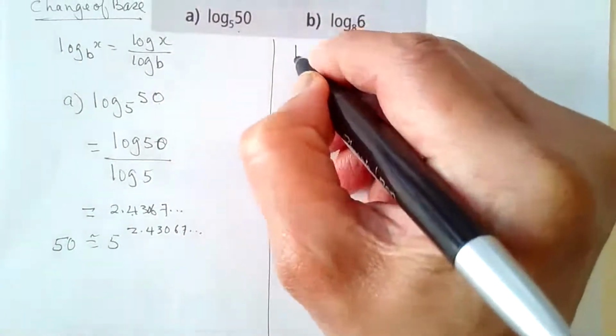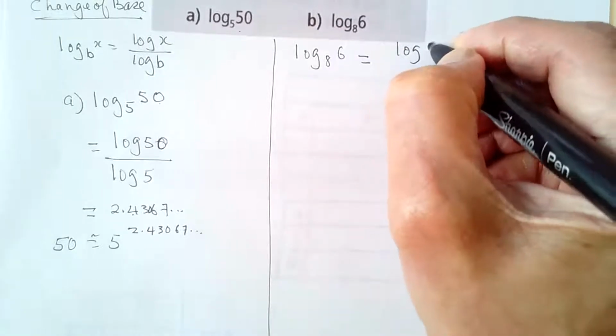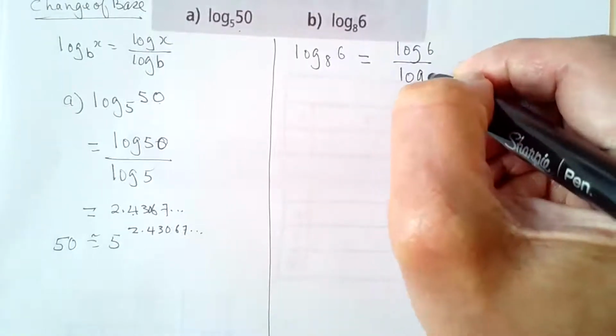Now log base 8 of 6 can be written as log 6 over log 8.